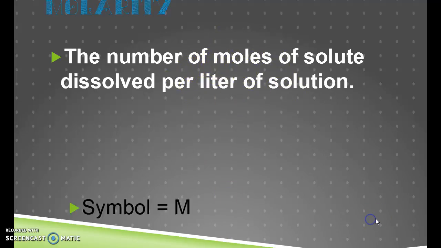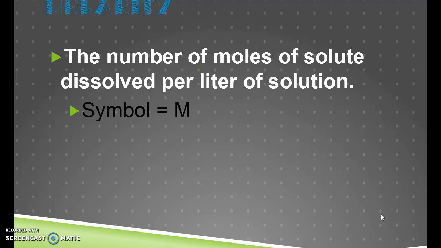Okay, so molarity, we use a capital M for our symbol. You've seen that multiple times throughout the year. I've briefly discussed what it means, but we've played around with 3 molar hydrochloric acid. You guys have used 6 molar hydrochloric acid, and all that is letting me know the concentration of that particular solution. There's a certain amount of that solute dissolved per liter of solution.